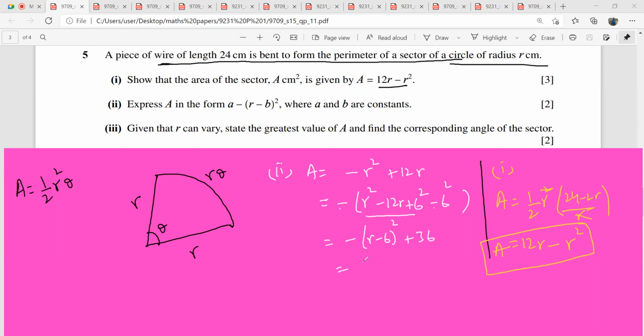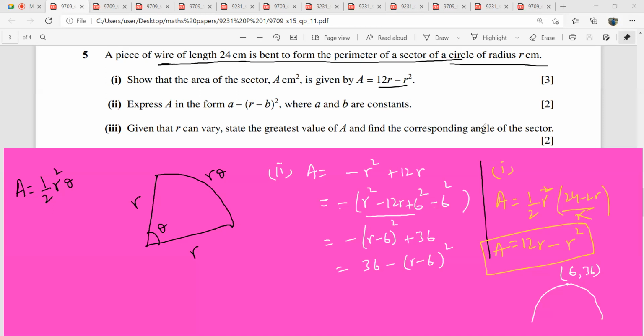So this is going to be 36 minus r minus 6 whole square. You can have a rough sketch of this in your mind, that this is going to be 6 comma 36. So the sharper students got an idea that the area is going to be maximum when your r is 6.